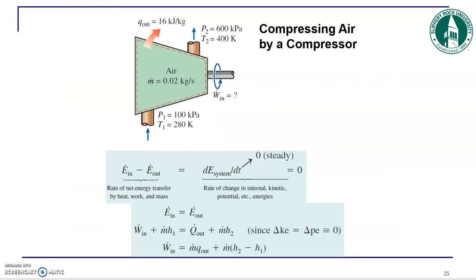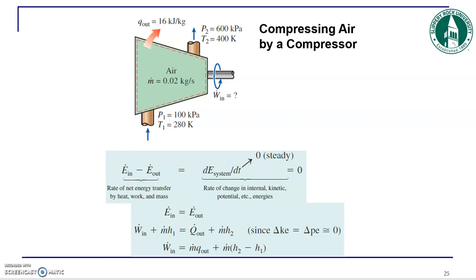And you can see in this picture, this is a compressor. The air enters from one side, from the bottom basically in this picture, and it exits from the other side, and you can check how the pressure is changing. So at the inlet the pressure is 100 kilopascal, at the outlet the pressure is 600 kilopascal.